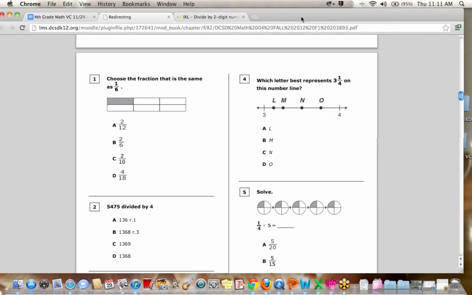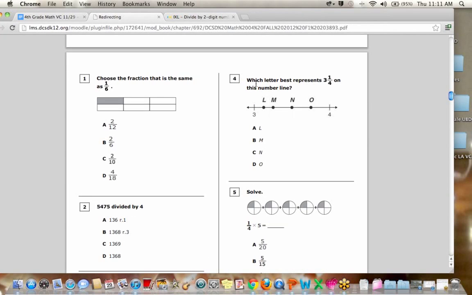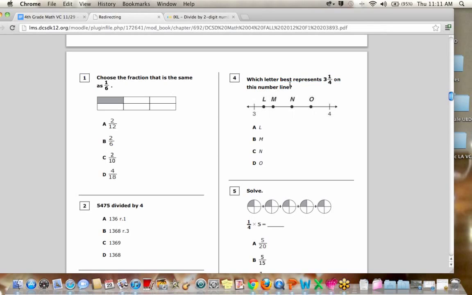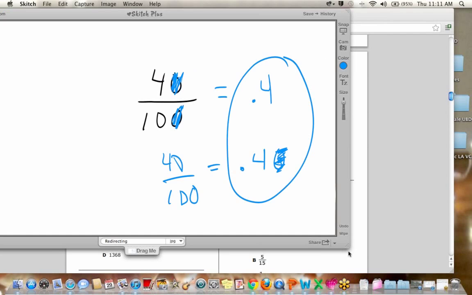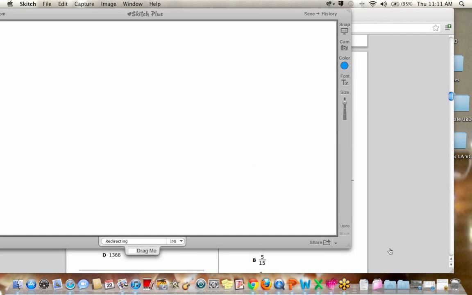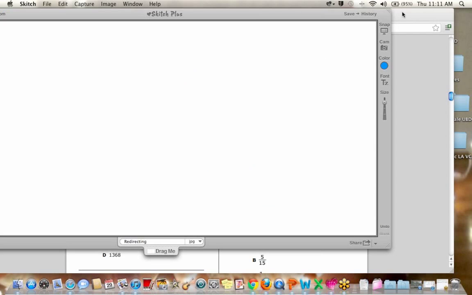All right. Oh, well, this is simple. Which number best represents 3 and 1/4 on the number line? So here's the number 3. Here's the number 4. And I need to figure out where 3 and 1/4 would be. So let me take a picture of that.